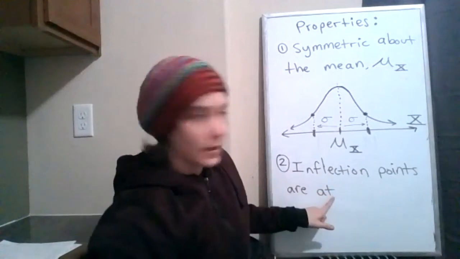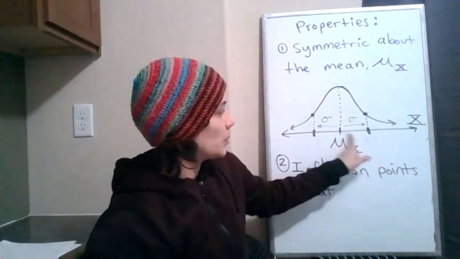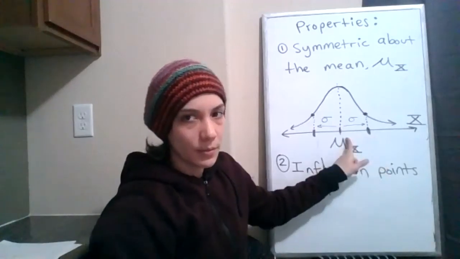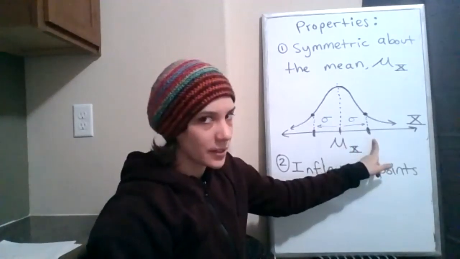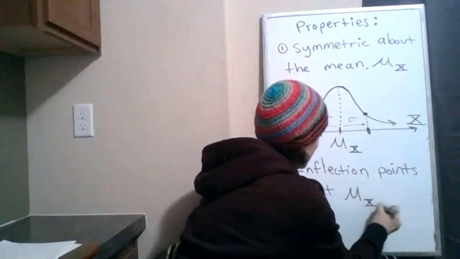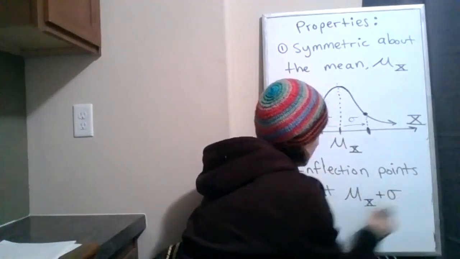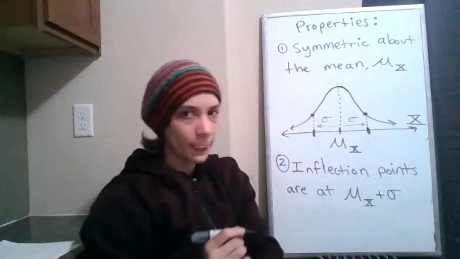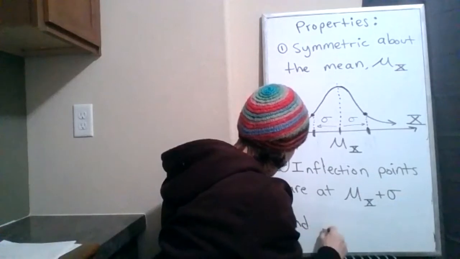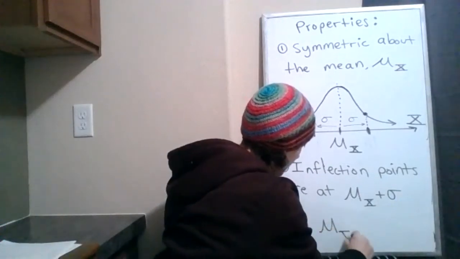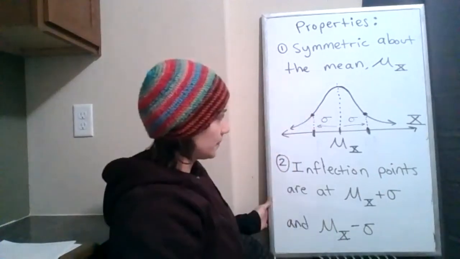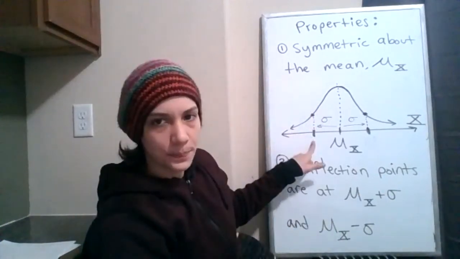Okay, so let's go here, this place, which is mu plus sigma, the mean plus 1 standard deviation. And the mean minus 1 standard deviation, right there.